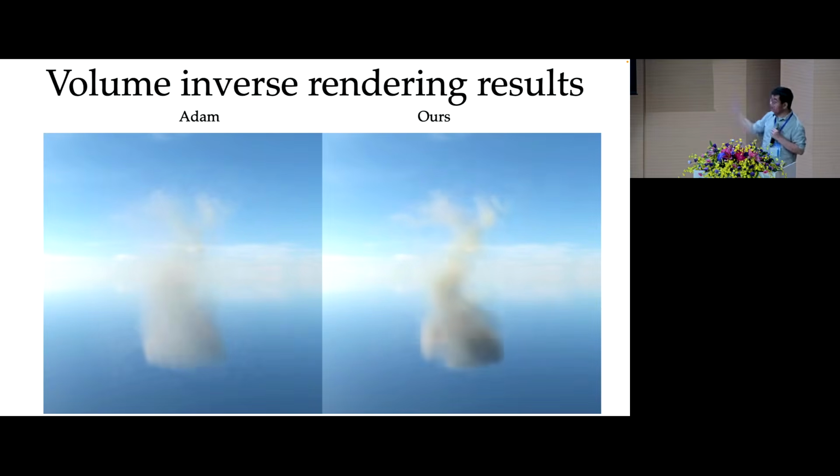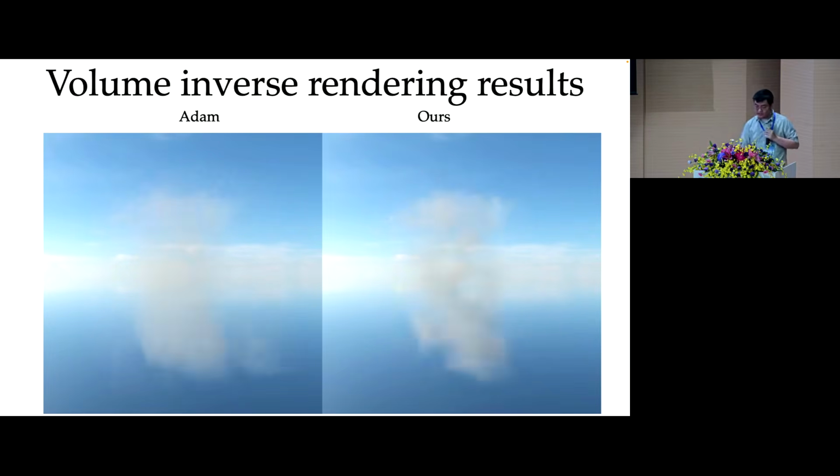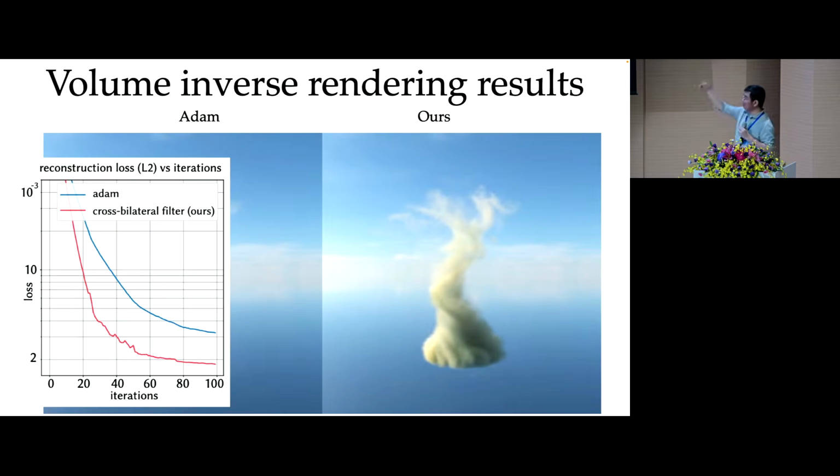This is another example for optimizing the scattering coefficient and absorption coefficient inside a volume, and it converges much faster than Adam. If you're not convinced that it converges faster, hopefully I can show the loss curve to convince you. The red curve is ours, and the blue curve is Adam, and it converges much faster.